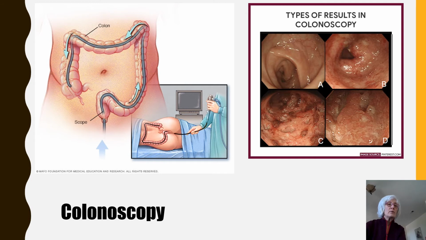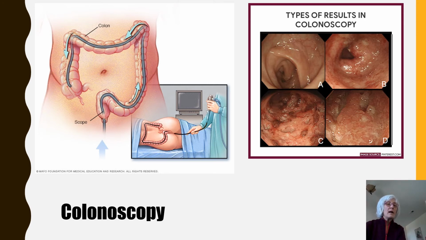The little cartoon on the left-hand side shows you that an individual undergoing a colonoscopy lies on his or her side, and then a tube with a camera, called a scope, is inserted in the rectum and is continually inserted to travel all along the length of the colon.